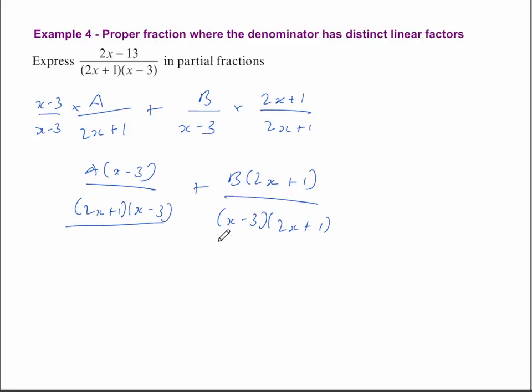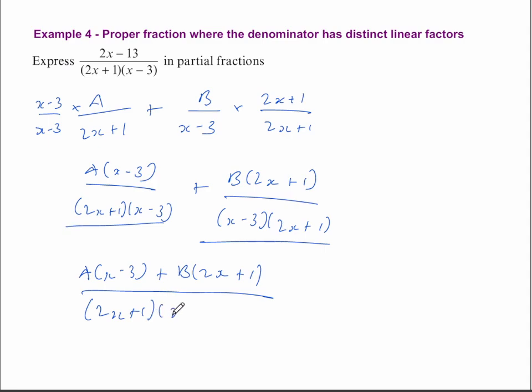Then because these have the same denominators, we can just add them up. We'll end up having A(x - 3) + B(2x + 1) over (2x + 1)(x - 3). And that is going to equal the original fraction, which is (2x - 13) over (2x + 1)(x - 3).